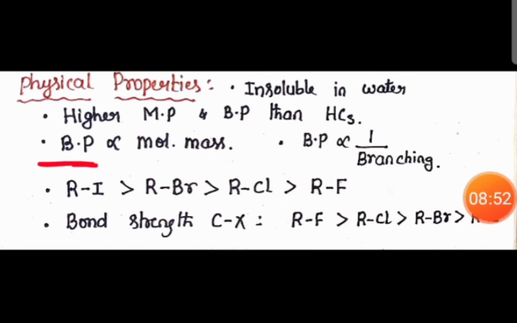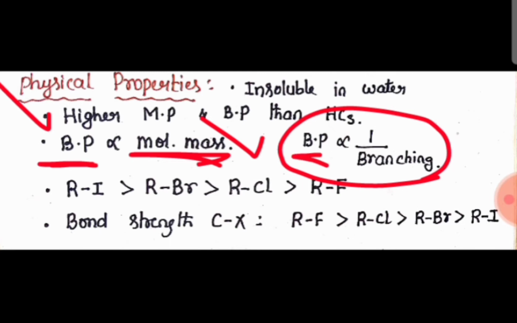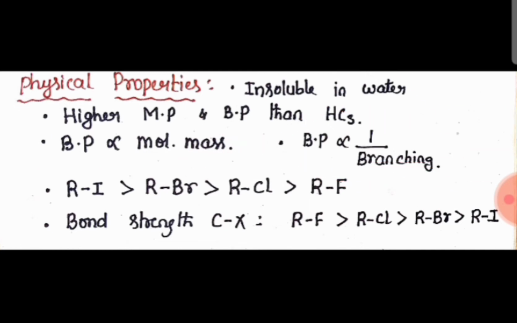And remember, boiling point is directly proportional to molar mass. As the molar mass of haloalkane increases, boiling point also increases. And very important, in the case of isomers, the boiling point is inversely proportional to branching. So as branching increases, boiling point decreases. That we need to remember.